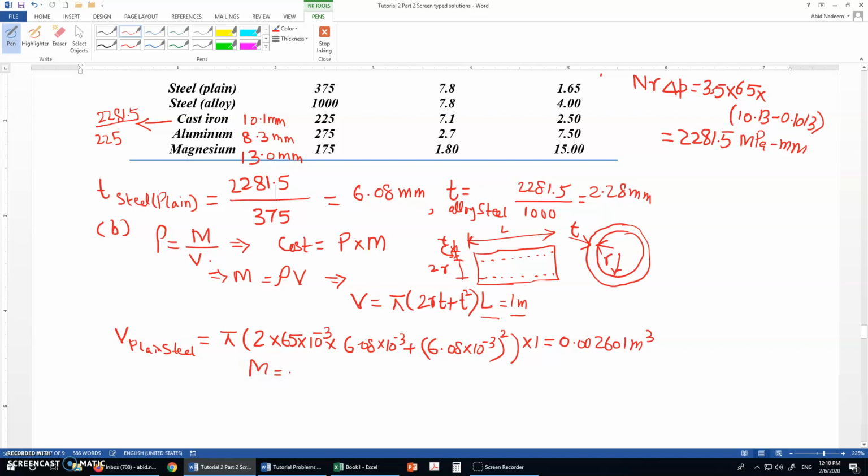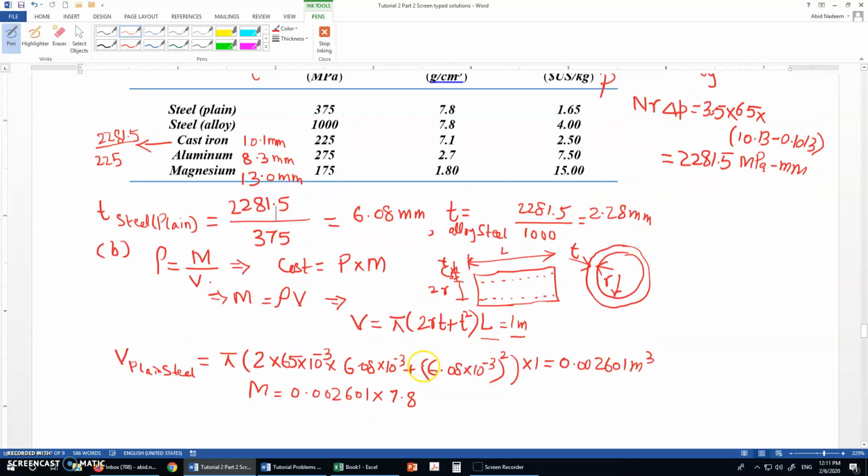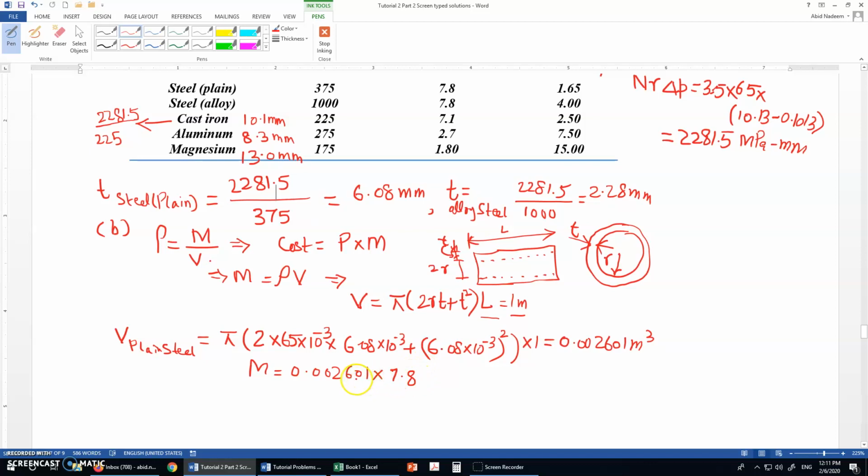So the quantity we can find now: 0.002601, multiply its density. Density is given for the steel as 7.8 gram per cubic centimeter. And we need to use kilogram per cubic meter, so we know that 7.8 gram per cubic centimeter is equal to 7,800 kilogram per cubic meter.